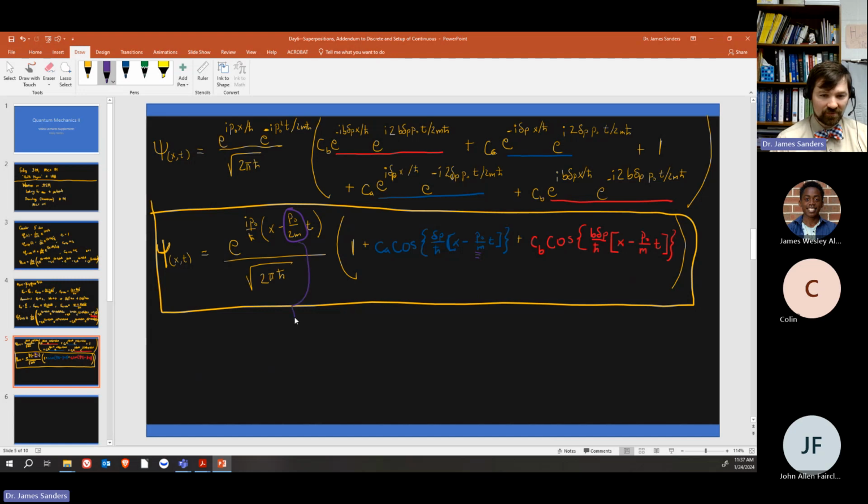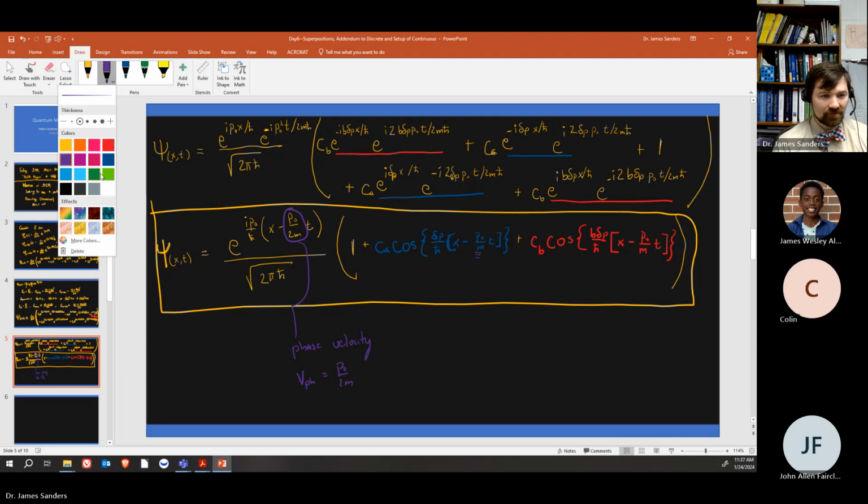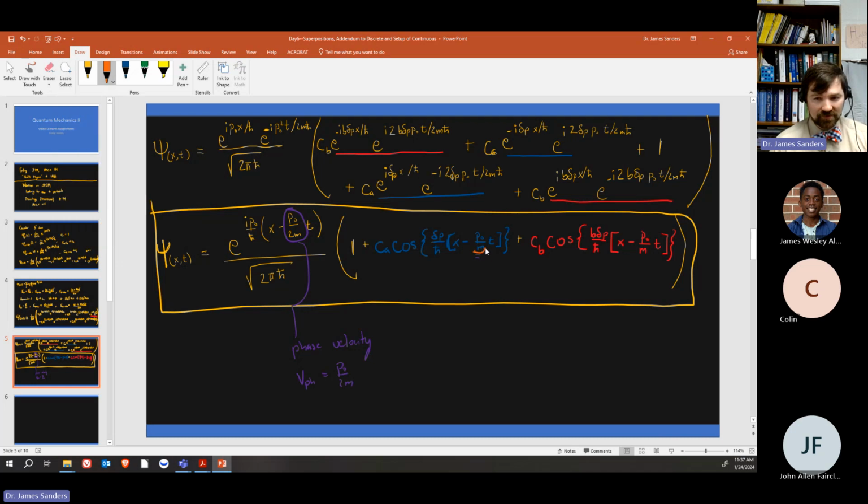This right here went with phase velocity. So v phase was equal to p naught over 2m. This one right here, let's give it a different color instead of just triple underlining it, was our group velocity.